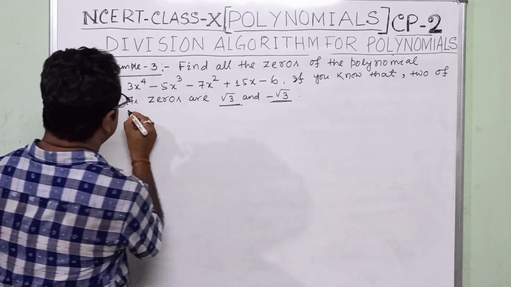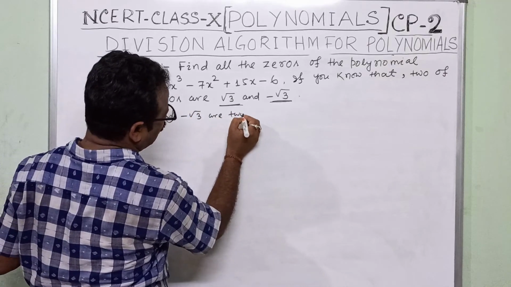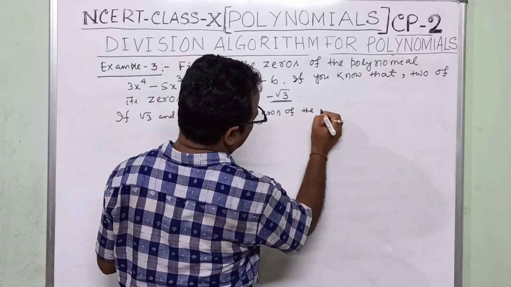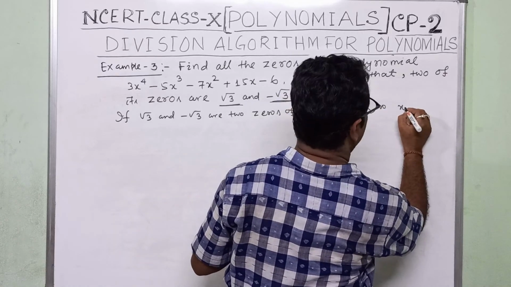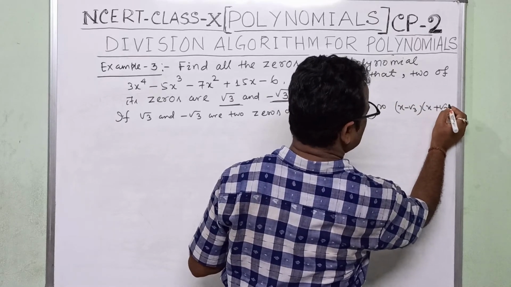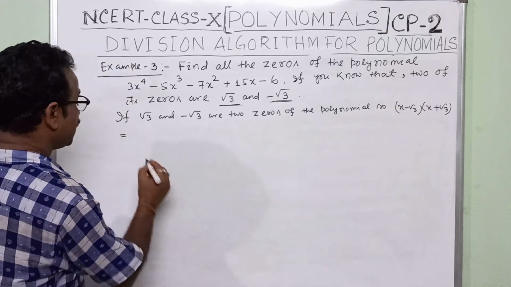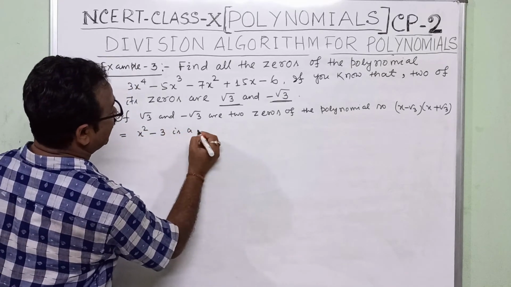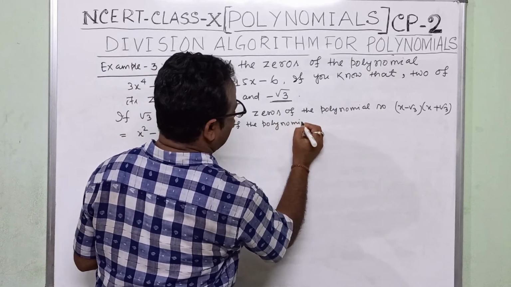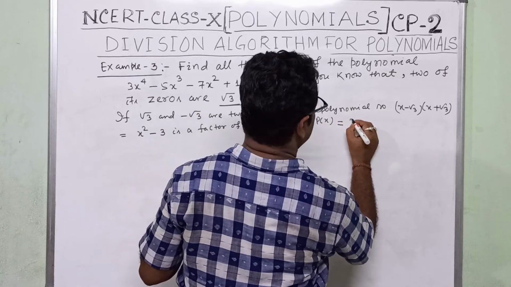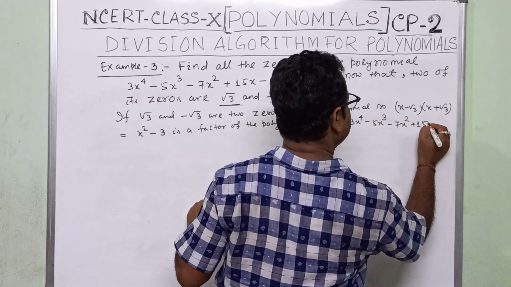If root 3 and minus root 3 are two zeros of the polynomial, then (x minus root 3) into (x plus root 3), that is (a minus b) into (a plus b) equal to a square minus b square, so x square minus 3 is a factor of the polynomial P(x) equal to 3x to the power 4 minus 5x cube minus 7x square plus 15x minus 6.